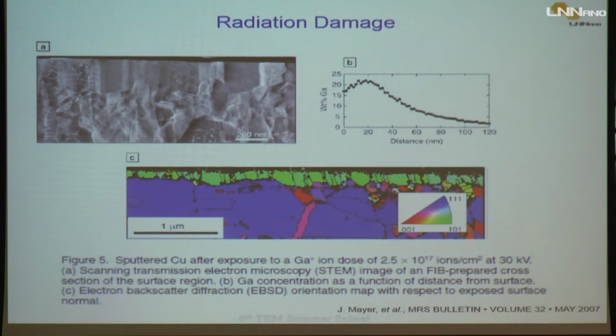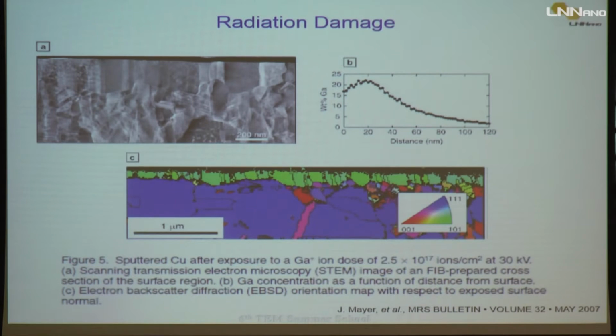There were publications in the literature talking about gallium, because in the former times people were not aware of this implantation of gallium ions inside the material. You are using accelerated gallium ions to knock out the atoms of your sample.